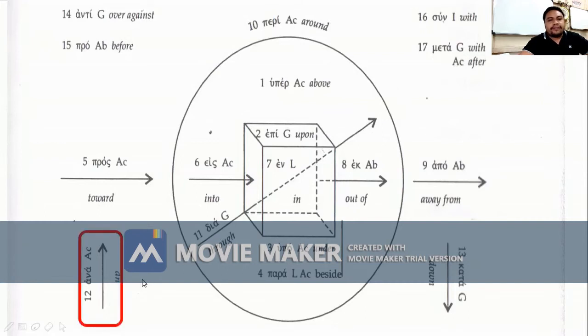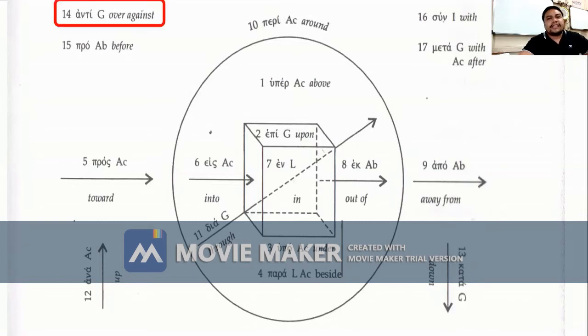Next, number 12 is ana. That is up, upwards, ana. Then, of course, the opposite is kata. That is down. So ana, up, kata, down. Over, above, over, hupo, under. So ana is up, kata is down.